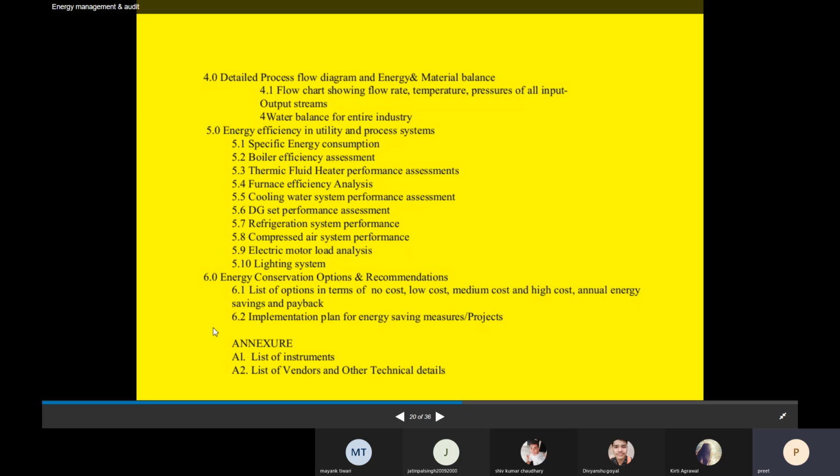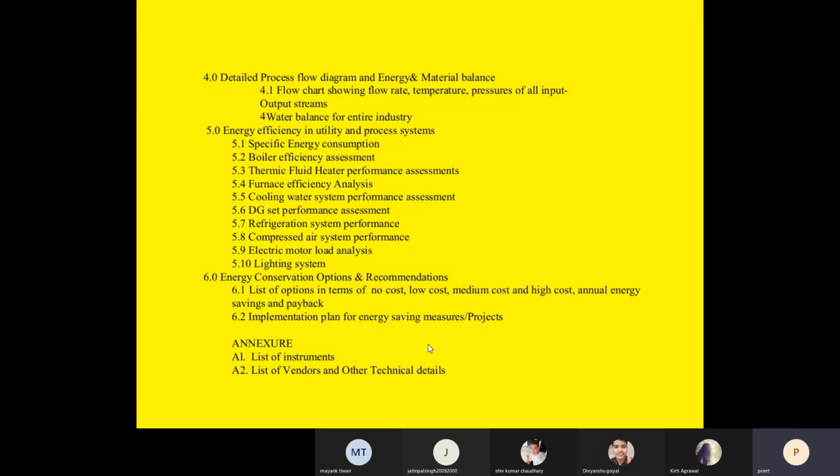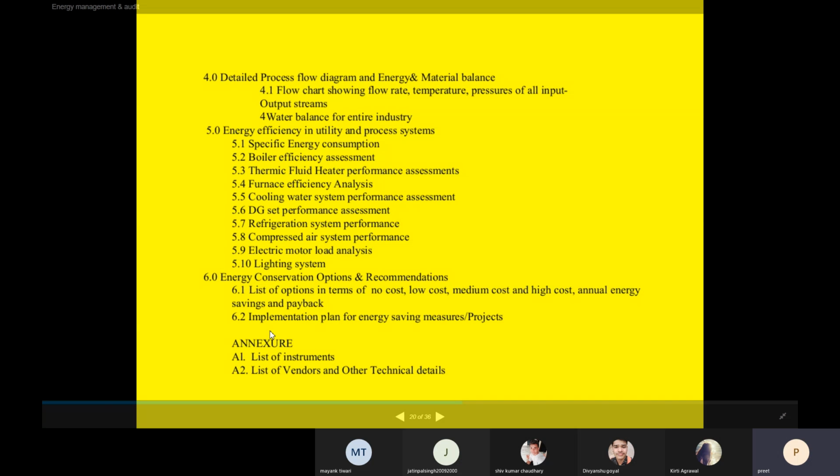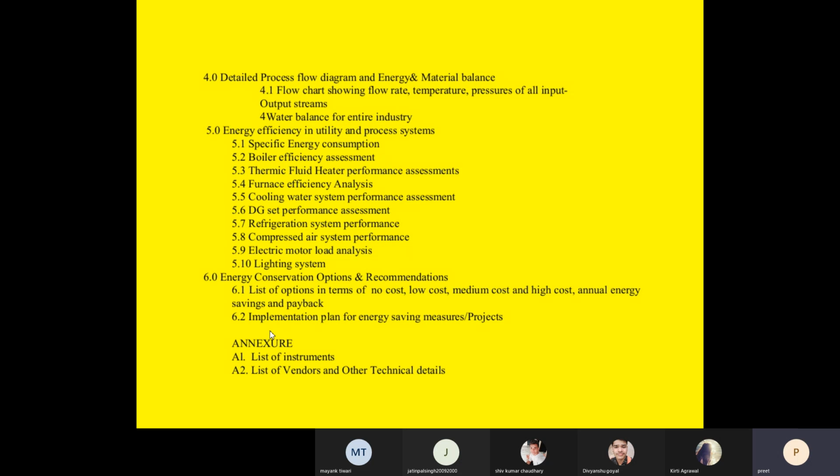Further, you also need to give information about the energy conservation options and recommendations, under which you need to provide the list of options in terms of no cost, low cost, medium cost, everything. And you need to provide your suggestions, like what measures need to be taken so that cost and energy saving will be achieved for the particular utility.